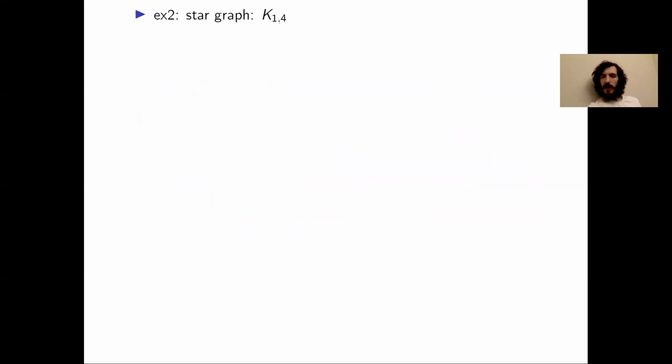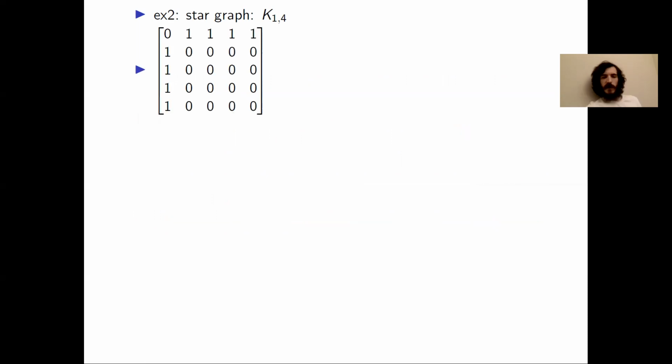So let's look again for a second at our adjacency matrix. That adjacency matrix, again, has this first row where we have 0 and then all ones after that. And then the rest of the rows have a 1 and then all zeros after that. So rows 2, 3, 4, all the way up to n plus 1 are all the same as each other. And they're all different from row 1.